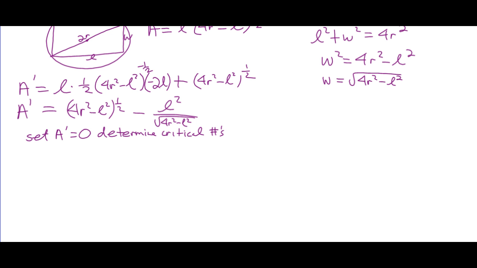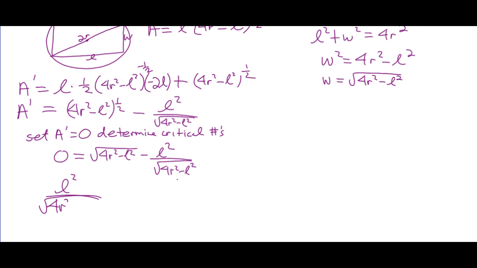Okay, so 0 is equal to, well, let's just put that under a root sign. If we move the negative term, just add this to both sides, we get L squared over the square root of 4R squared minus L squared is equal to the root of, put that over 1.